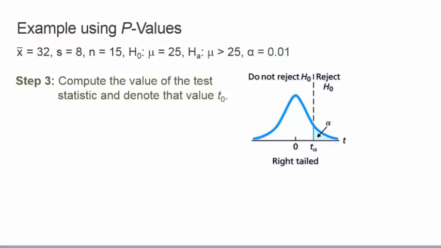Step 3. Compute the value of the test statistic and denote that value T sub 0. To find the test statistic, we need to use the formula T equals X bar minus mu sub 0 divided by S divided by the square root of n. Substituting, we have 32 minus 25 divided by 8 divided by the square root of 15.